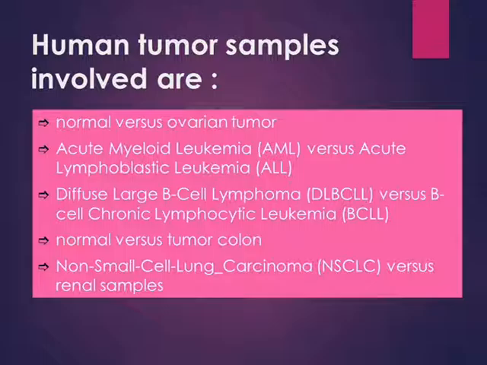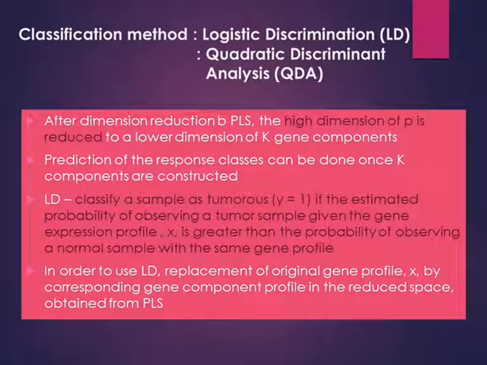Human tumor samples involved are listed below. After dimension reduction by PLS, the high dimension of p is reduced to a lower dimension of k gene components.